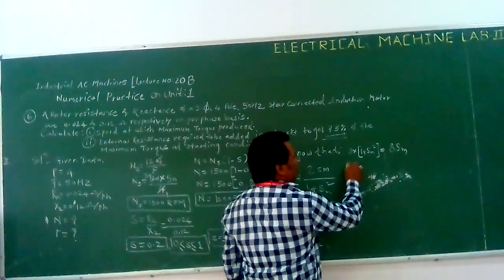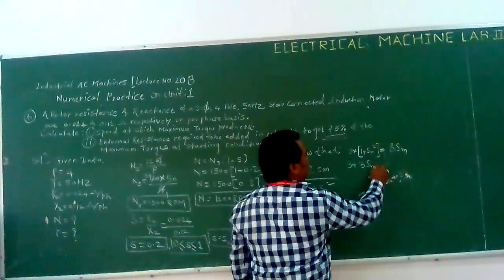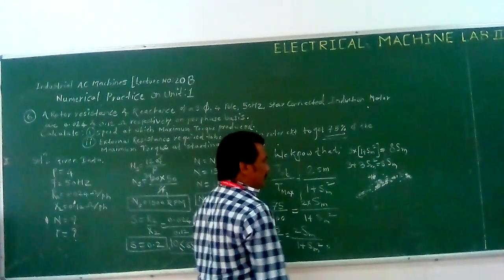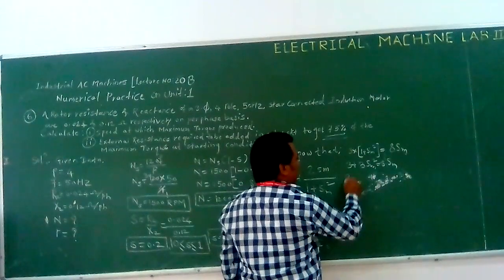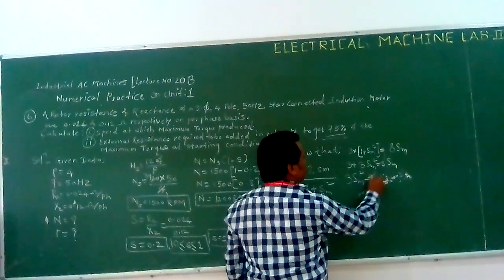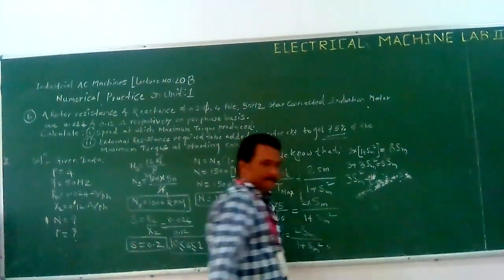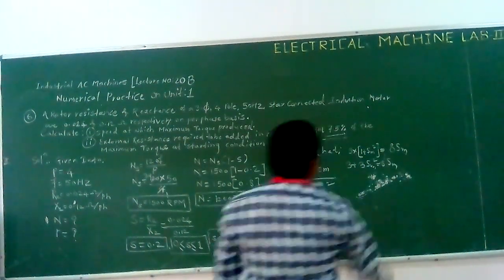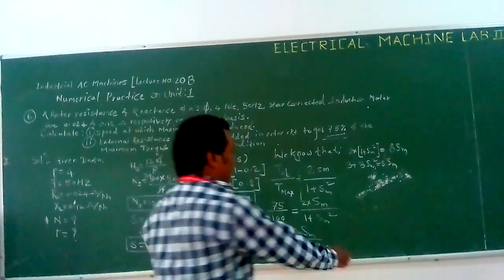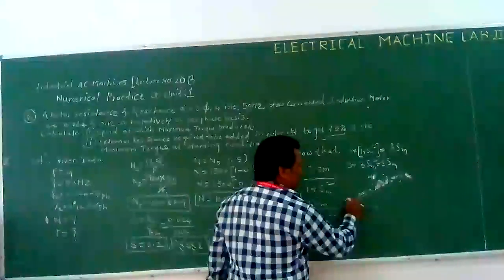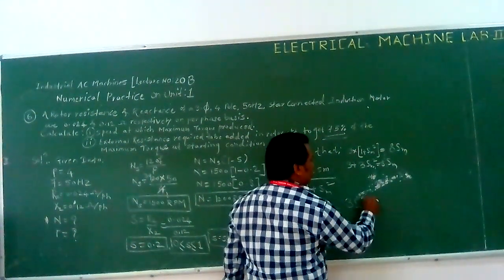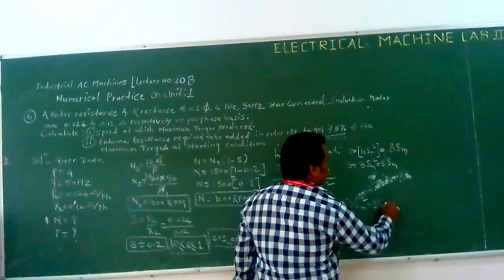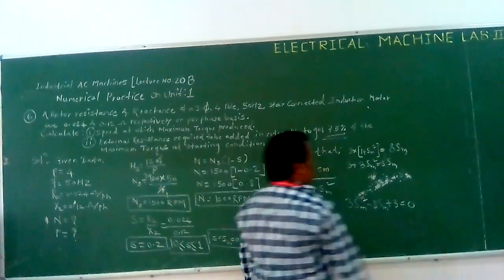Here 3 plus 3 Sm square is equal to 8 Sm. By rearranging the terms, we get 3 Sm square minus 8 Sm plus 3 equal to 0. The blackboard is slightly rough, so we are writing it down again.